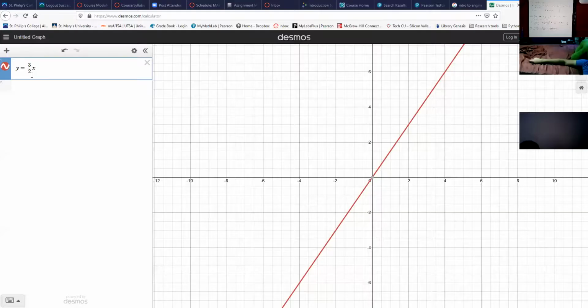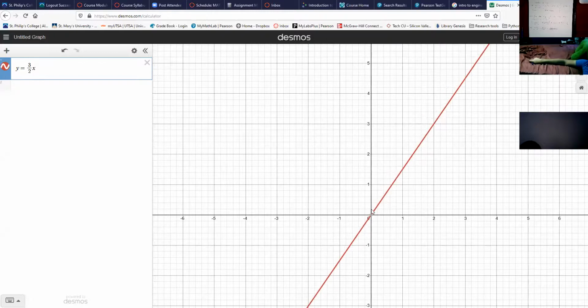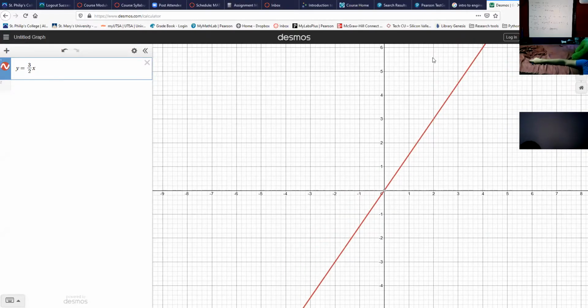So look at this line here. The equation is 3/2 x, right? So start at 0. Start at any point on the line, and then use your slope. So I go up 1, 2, 3, over 2. So I end up at 3 over 2.